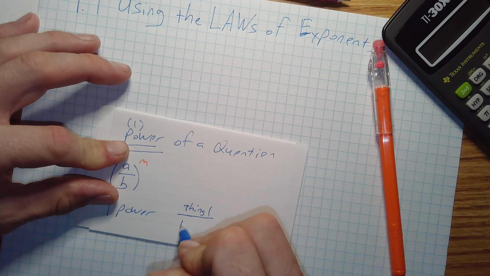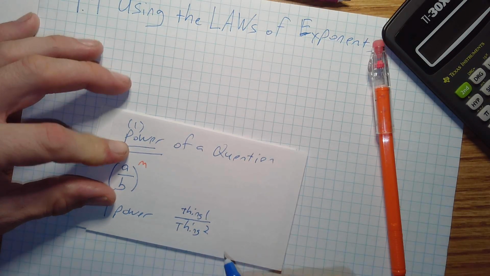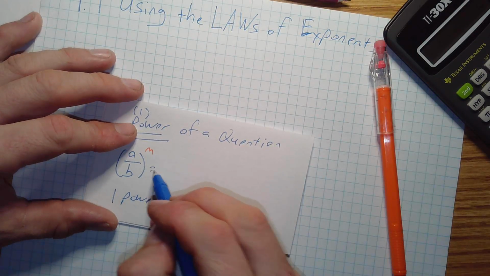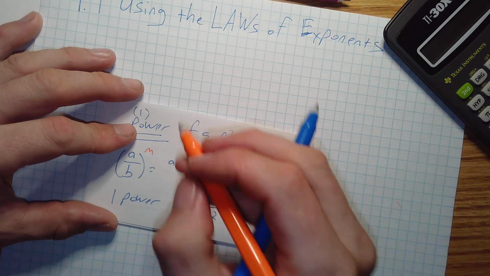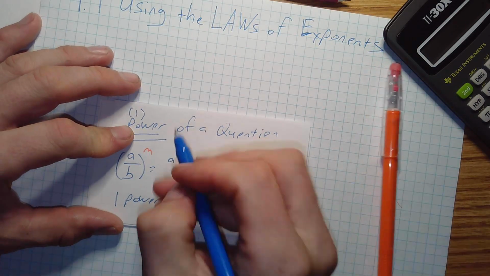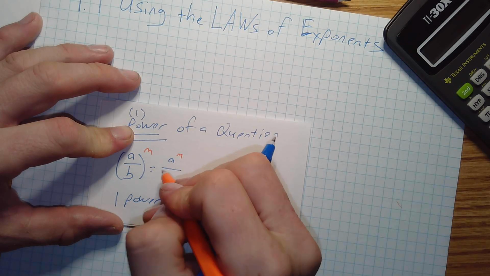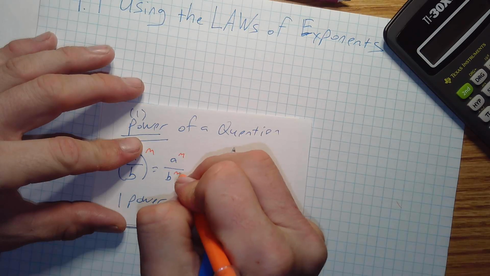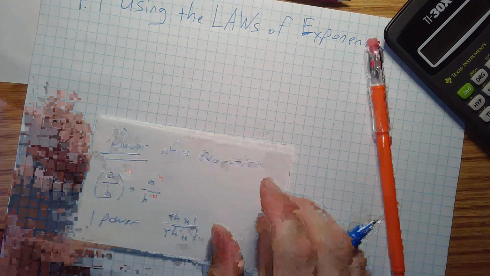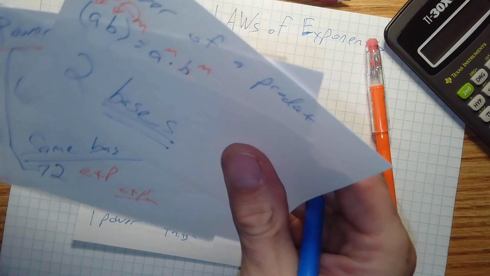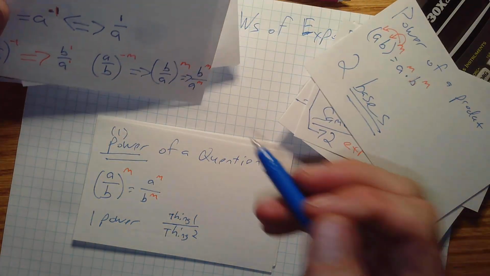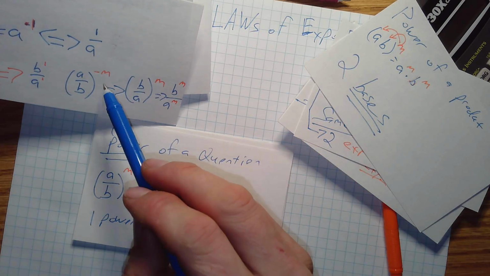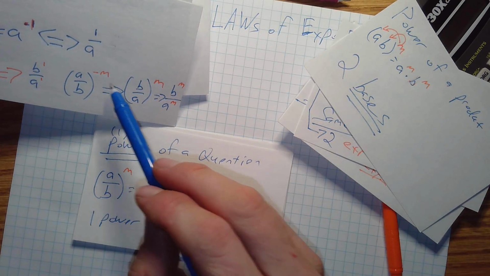Thing 1 divided by thing 2, right? A divided by B. And that's going to yield you an A to the m divided by a B to the m. And look what that kind of looks like. That kind of looks like this, right? Except without the flippy floppy.